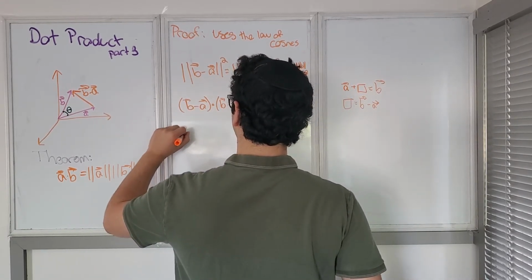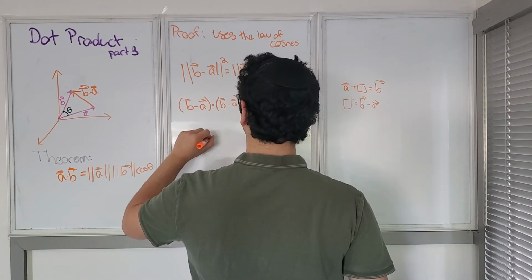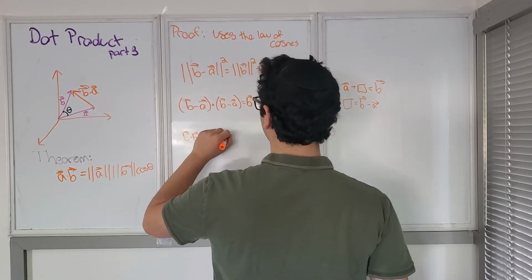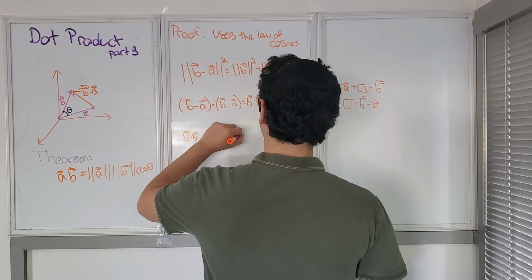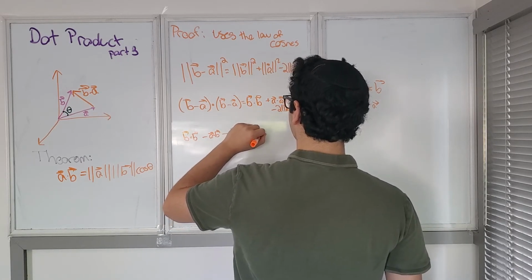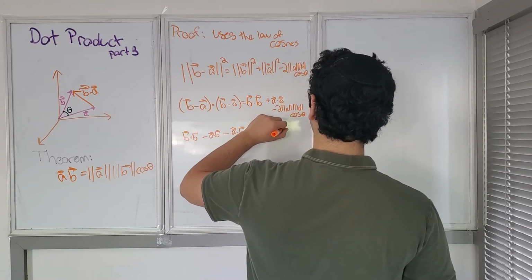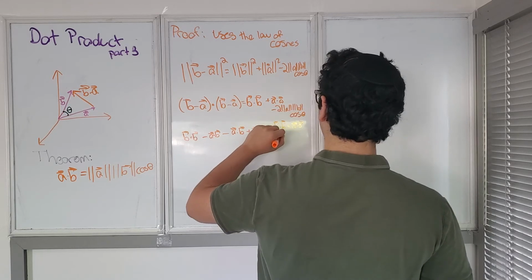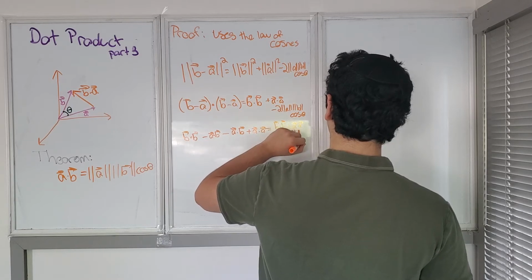I'm going to say B dot B, minus A dot B, minus A dot B, and then plus A dot A, and that equals B dot B plus A dot A minus 2AB cosine theta.